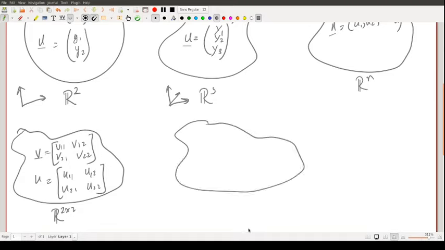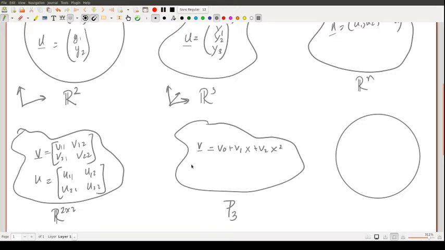You could also have the space P3 that we've discussed before, the polynomials of degree less than 3, where a vector could look like v0 plus v1x plus v2x squared, a quadratic polynomial. U could be u0 plus u1x plus u2x squared. You can have many vectors in a vector space.